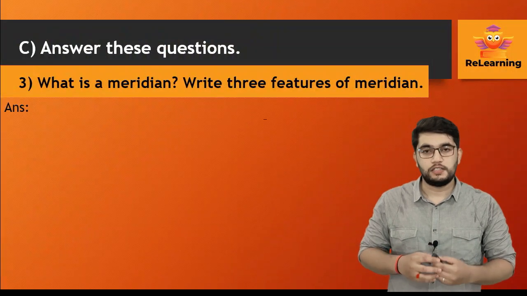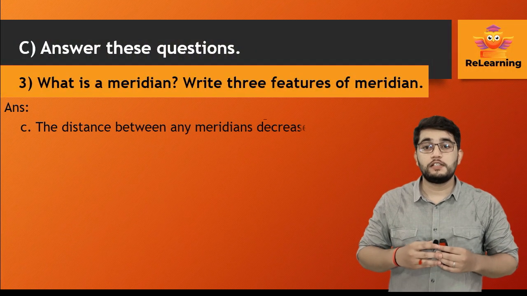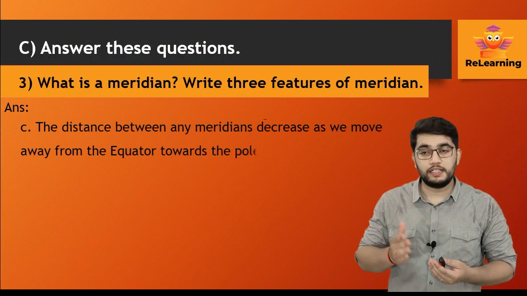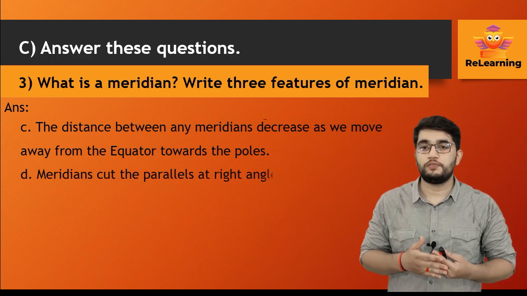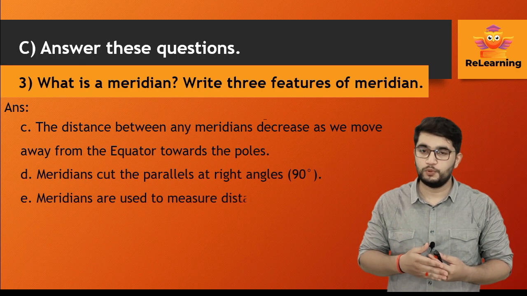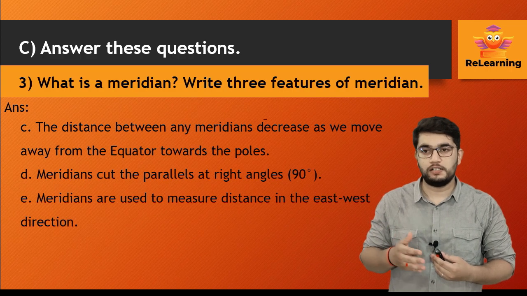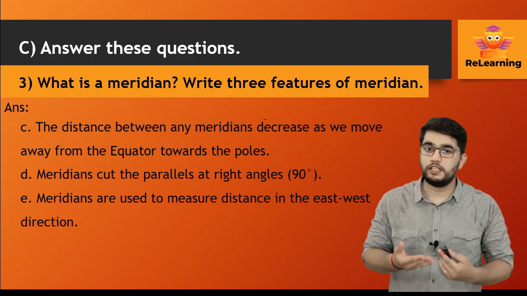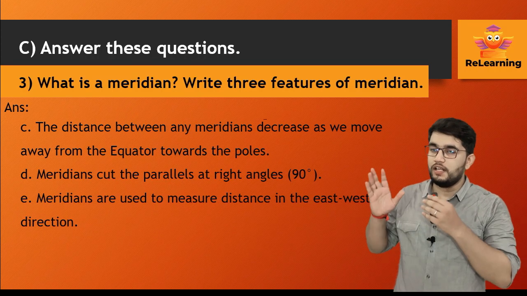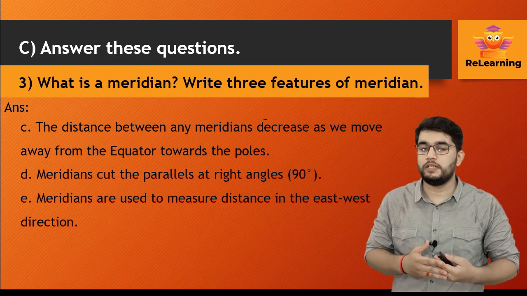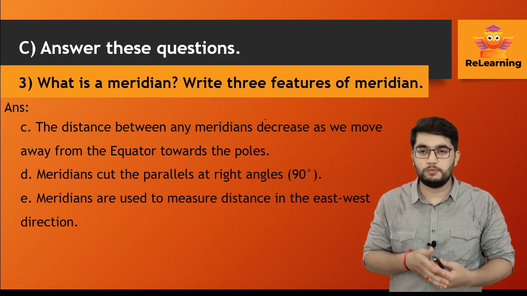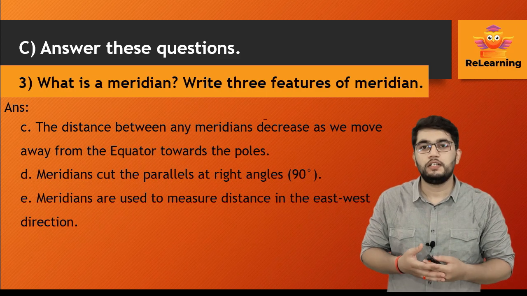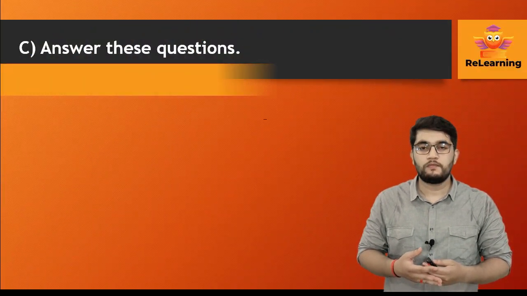The distance between any meridians decreases as we move away from the equator towards the pole. Meridians cut parallels at 90 degrees and meridians are used to measure distance in east-west direction. Now here are more than 3 features for the meridians and you can write any 3 among them. Getting it? Let's see the next question.